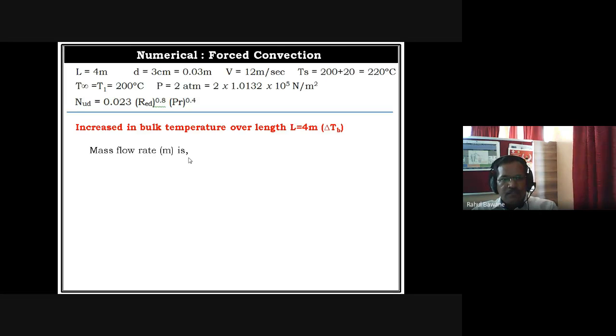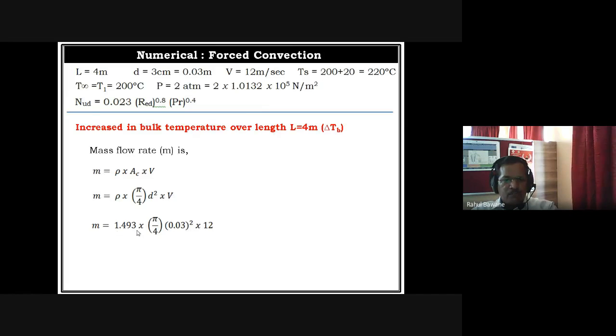So there will not be a mass of air, there will be a mass flow rate. Mass flow rate is density times cross-sectional area times velocity. Density times cross-sectional area, pi by 4 d square, multiplied by velocity.